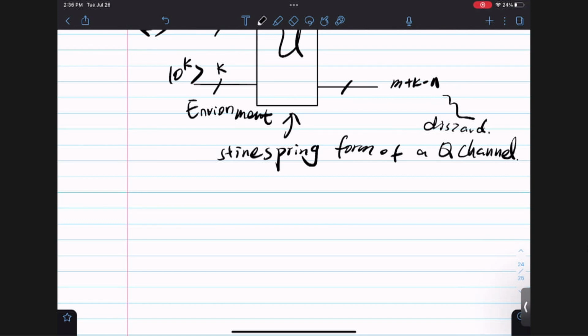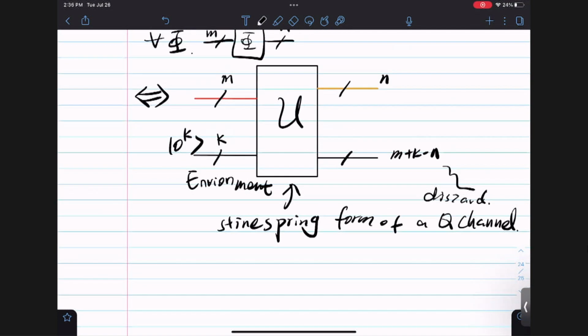We can simulate the POVM measurement by applying a unitary operator on a bigger system and then measuring in the computational basis. So this is how we simulate a general operator using just unitaries and regular computational basis measurement.